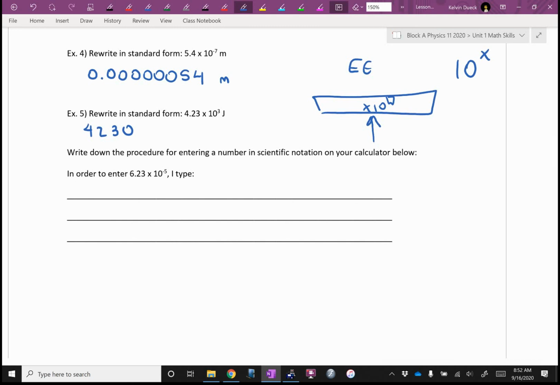That one right there. Yes. Also, some of you will have an EXP, because that's short for exponential scientific notation. So that's your scientific notation button. Excellent. Not times 10, not the 10 to the power of.